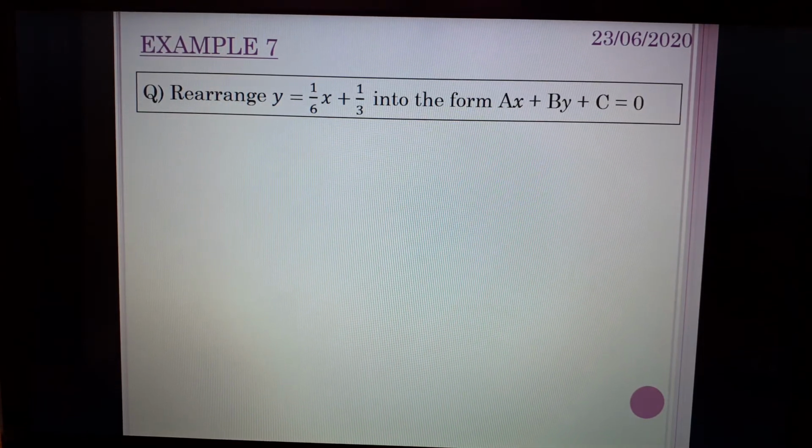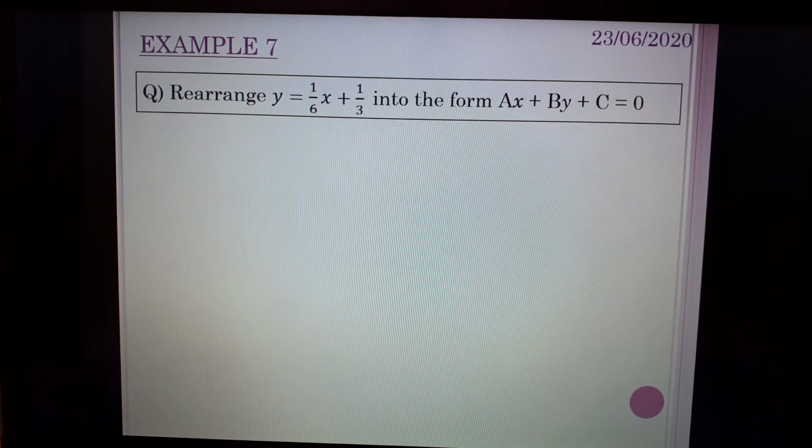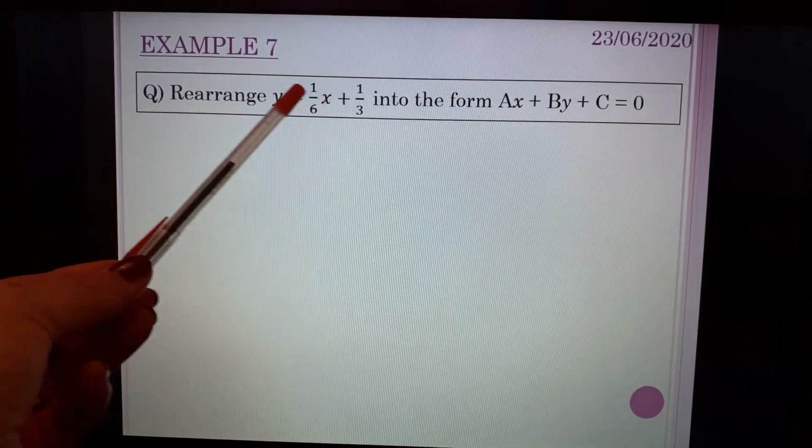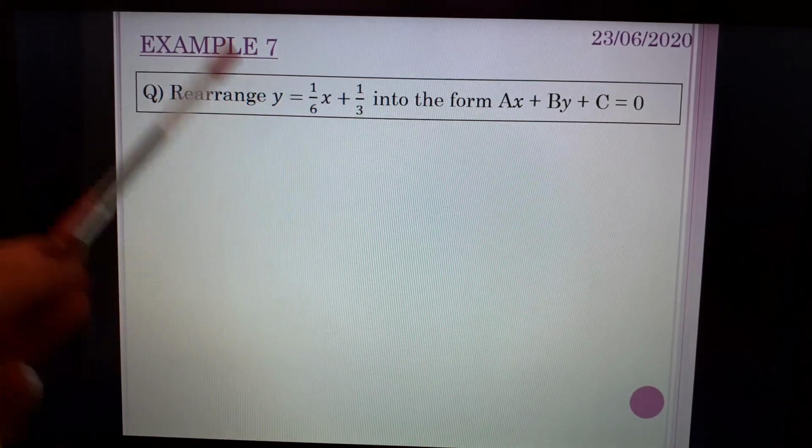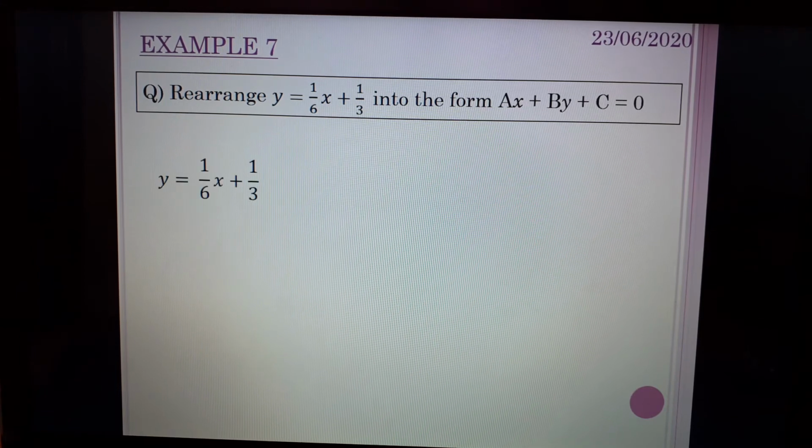Okay, so what if we have this equation here? y equals 1/6 x plus 1/3 into the form ax plus by plus c equals 0. So we're going to have to get everything onto the same side and onto the side that makes the x positive. So I'm not going to bring everything onto the left to join the y there, because then my x would be negative if I were to do that.